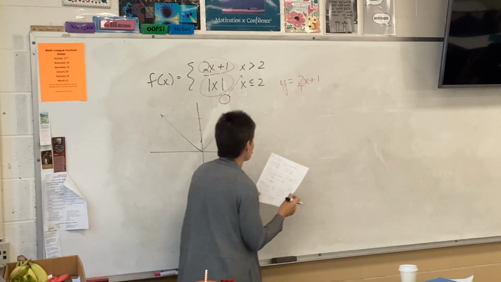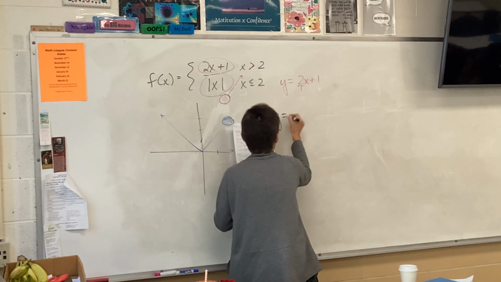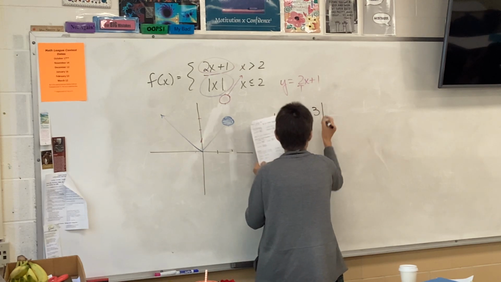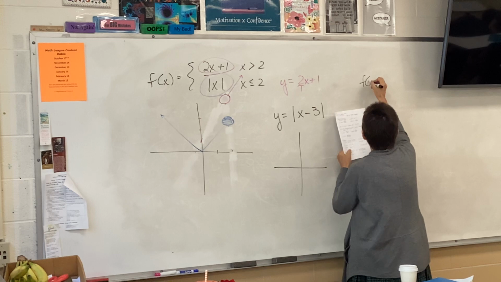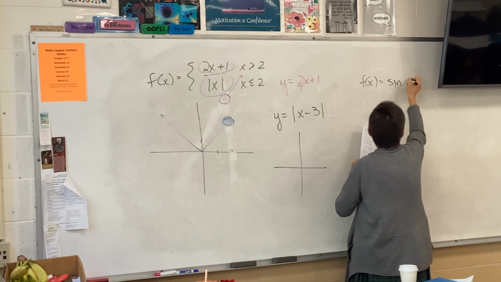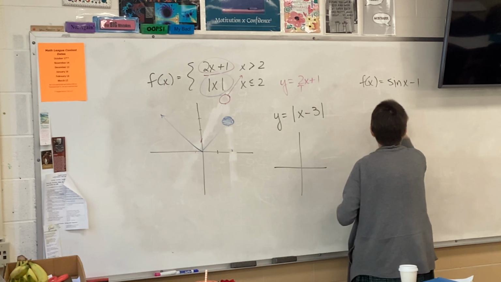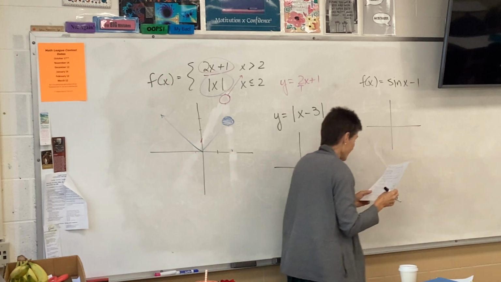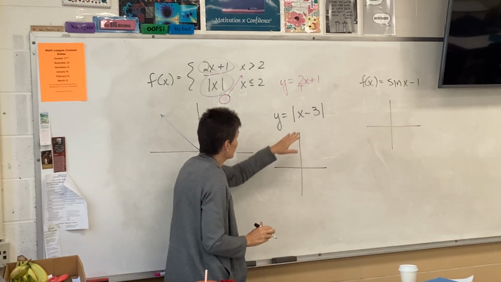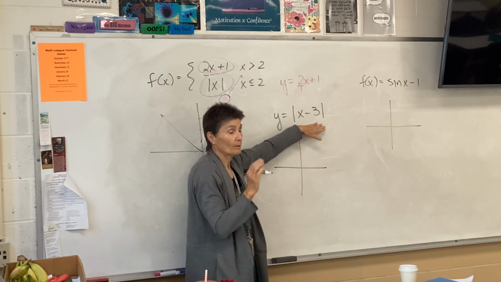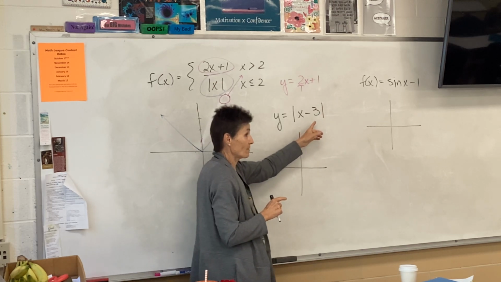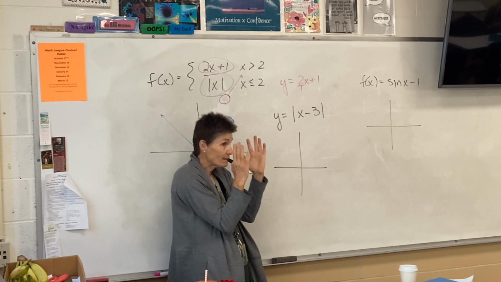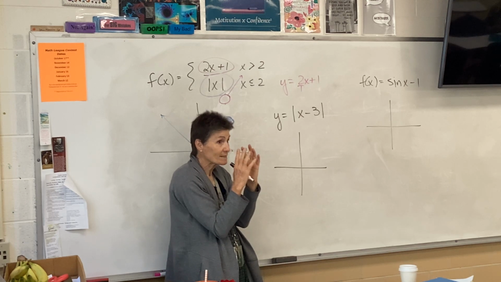Then we have some more graphs, but these are all just basic functions moved around. Okay, so pay attention. You know -3 moves you. Pay attention to where that is. See how it's inside the problem? So what does that mean then?